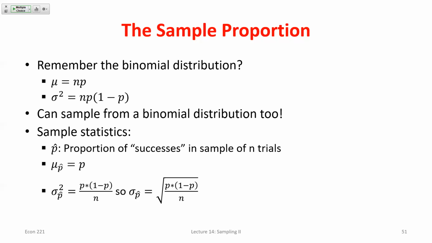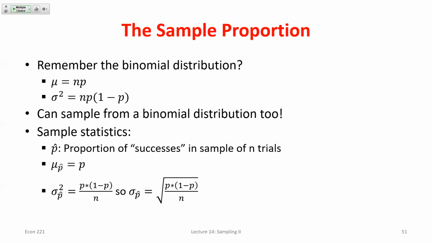So if you want to think about it this way, these are really saying the same thing. The variance of my sample proportions is simply going to be the variance on the population proportion, which we know follows the formula p times 1 minus p, and then just divided by my sample size. Same idea as with the sample mean.